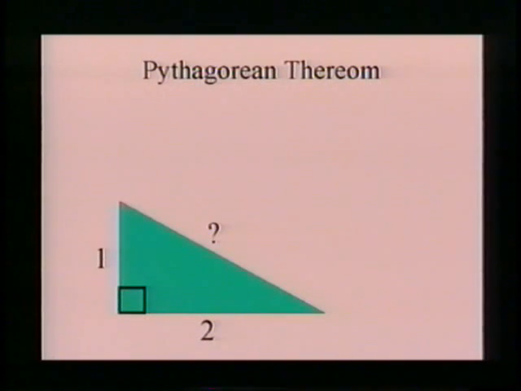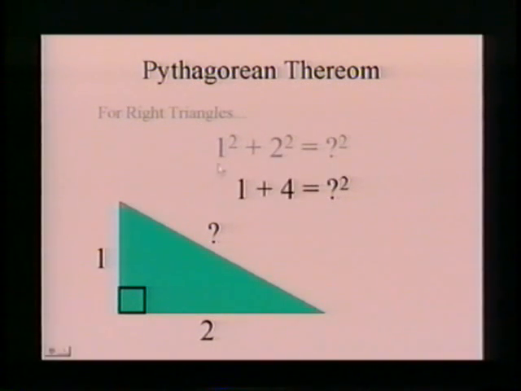For instance, if I wanted to know this distance, I'd say 1 squared plus 2 squared equals this hypotenuse squared. 1 squared is 1, 2 squared is 4, so 5 is this hypotenuse squared. What number squared is 5? The square root of 5, which, if you use your calculator, is 2 point something. We're not going to use the calculator here, but you could. So that's just reviewing your Pythagorean theorem.